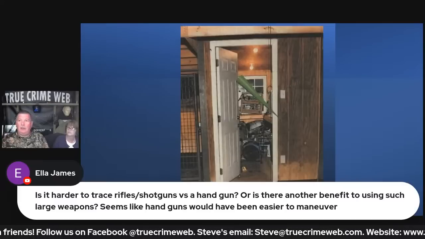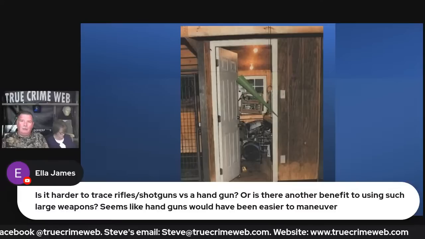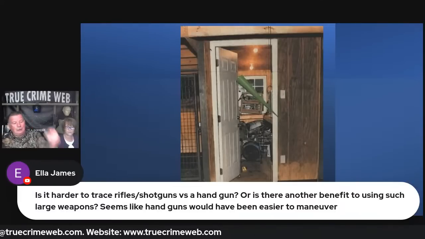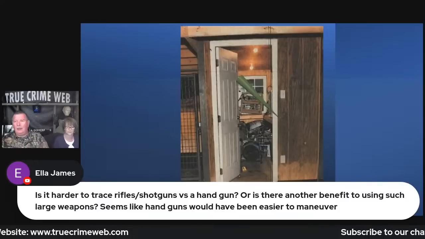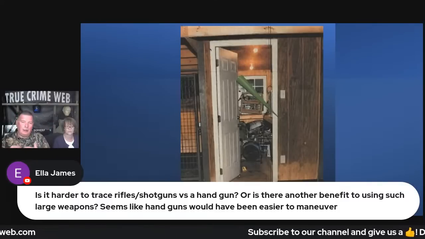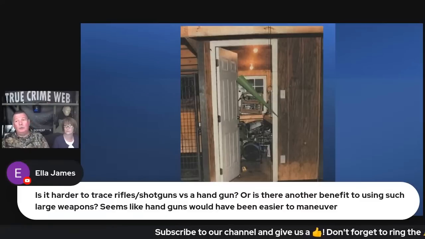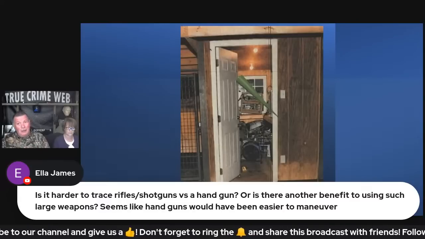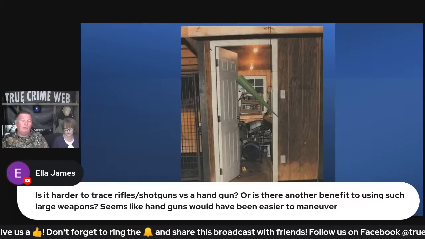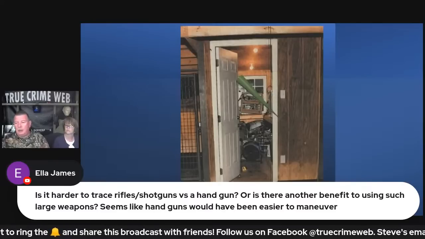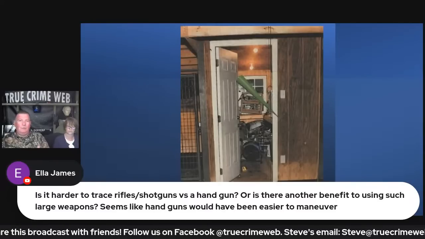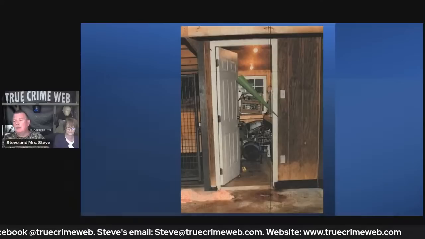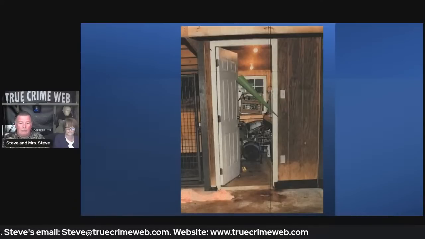You still have the breech face, the firing pin, and ejection marks, even on a shotgun. But these plastic carriers that travel down the barrel, you're talking about a shotgun that has a smooth bore. Now, if it has a rifled bore shooting certain ammo through it, it may be identifiable just as much as a rifle would. I don't know what type of shotgun was used on this, and I would assume it's a smooth bore. But there are certain shotguns that have rifled bores, and you can identify them just as much as a rifle or a pistol.